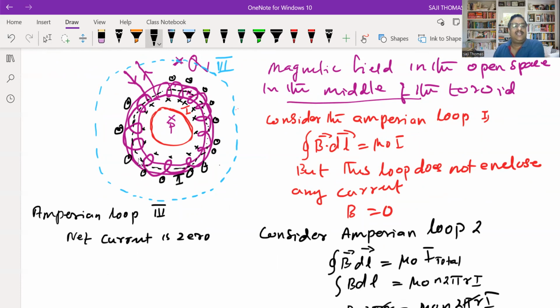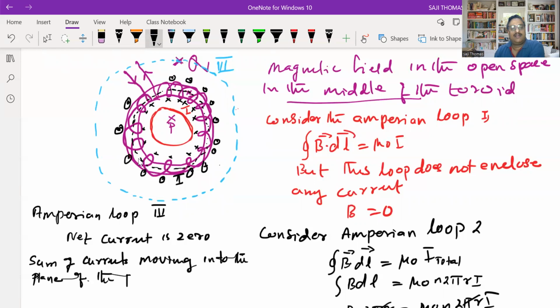What is the reason for this? Net current is 0. Sum of currents moving into the plane of the paper equals sum of currents moving out of the plane of the paper.